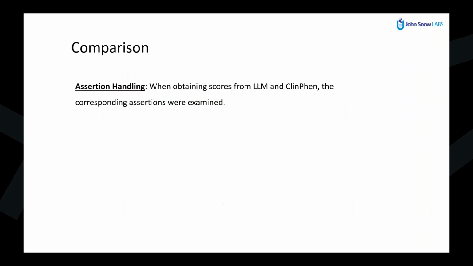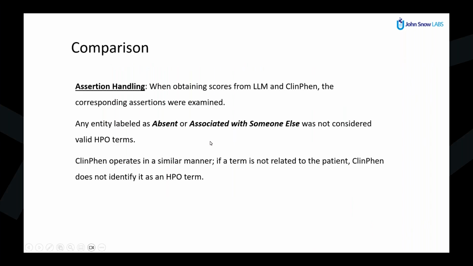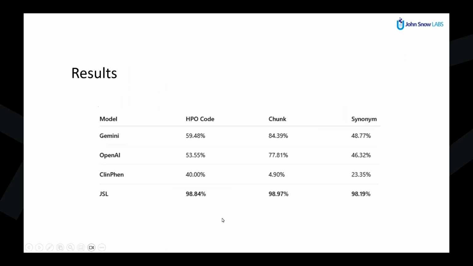So coming back to the assertion, we said if they are labeled as absent or associated with someone else, we didn't consider these as valid HPO terms. And if ClinFan also works similarly, since I discussed a lot about assertions, we expected better results.